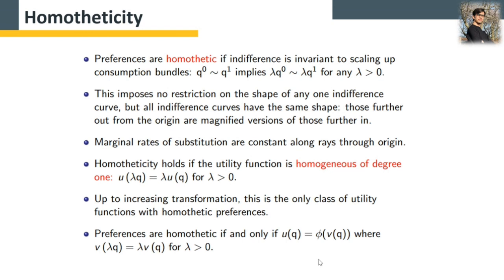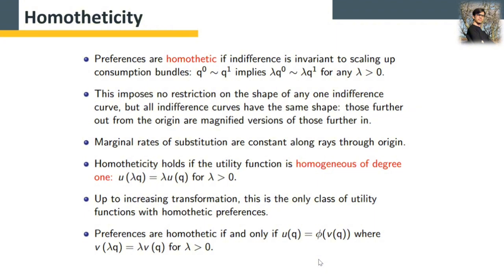Up to increasing transformation, this is the only class of utility function with homothetic preferences. Also, preferences are homothetic if and only if the utility of Q is equal to some function of V of Q, a function of another function, where V of lambda Q is equal to lambda V of Q for all lambda greater than 0.